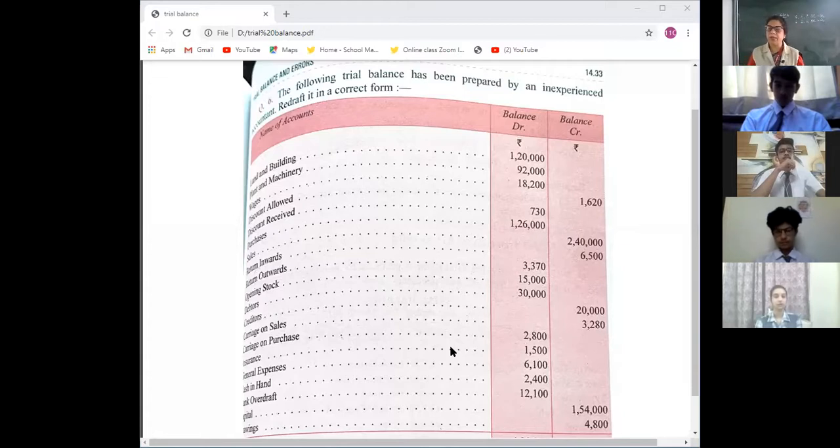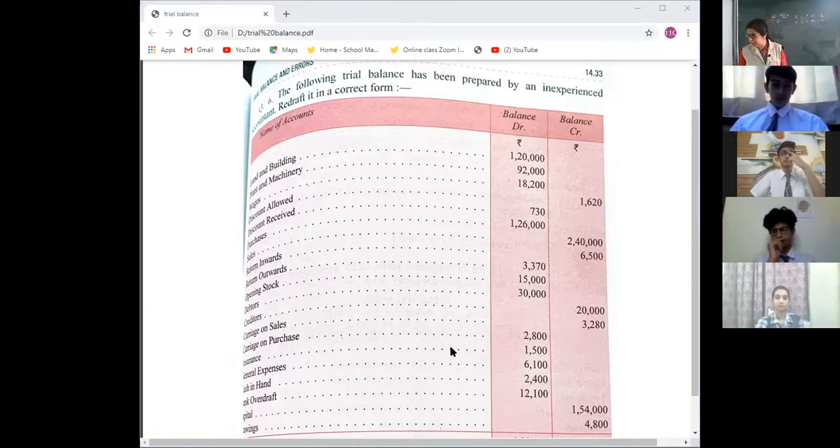Because this trial balance is prepared by an inexperienced accountant, this is wrong, so we have to make it correct. There will be no change in the method. You will prepare it the same way as I taught you in the previous classes. Whether the question is given in the wrong way by an inexperienced accountant, or they have given you the fresh balances, the method will be the same.